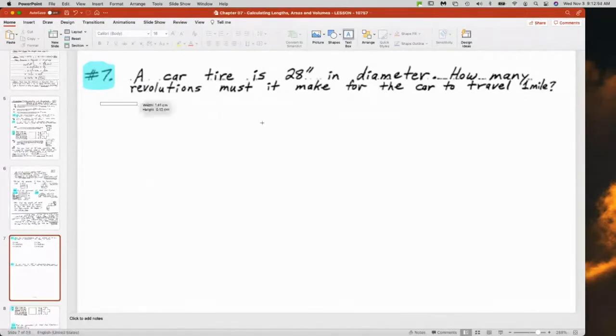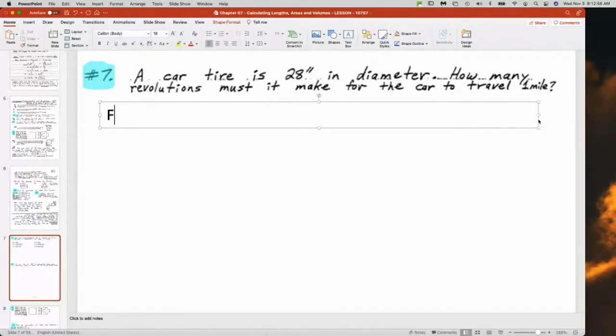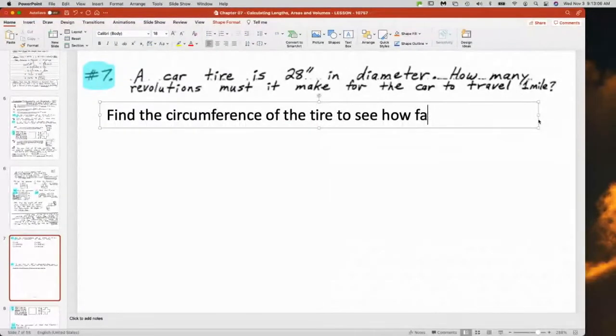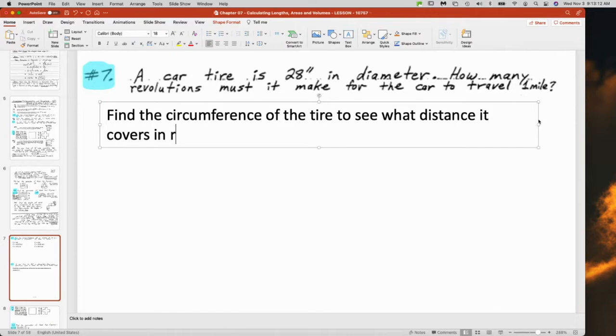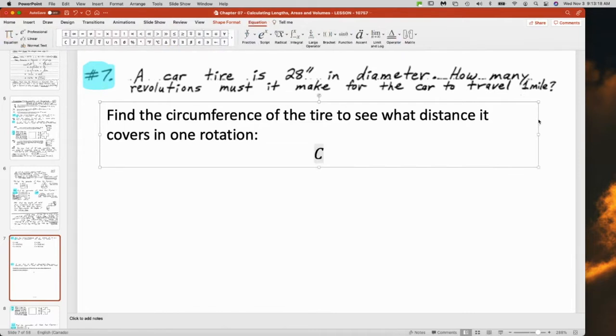So that's the first thing that I would do. So what is the circumference of that tire? Anybody have a value for that?